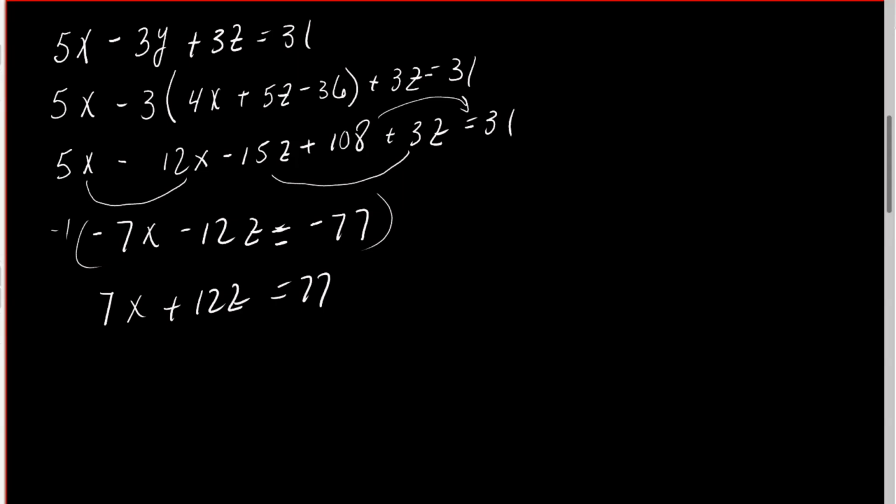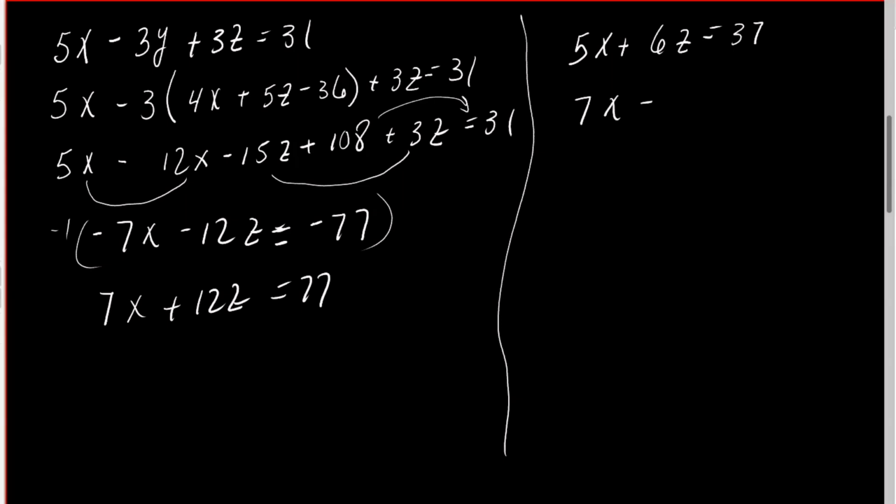All right, so I have two equations now. Okay, so now I can take those two equations and we can use the elimination method. So the first equation we got earlier was 5x plus 6z equals 37. And this one is 7x plus 12z equals 77.